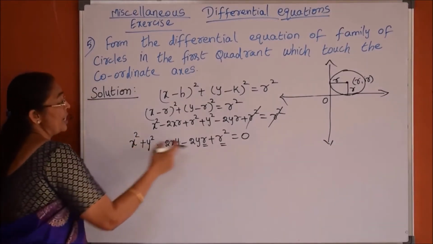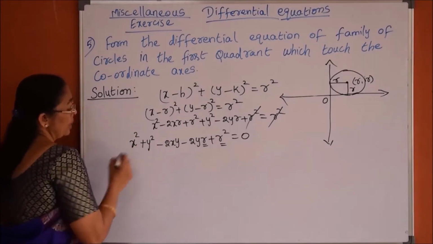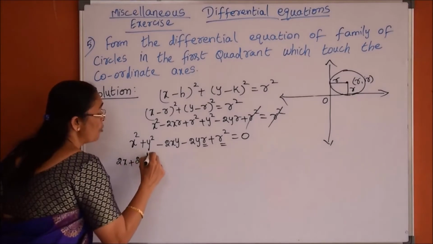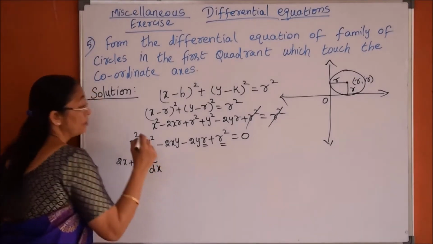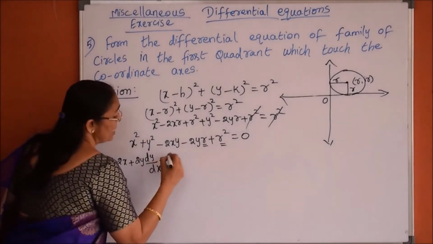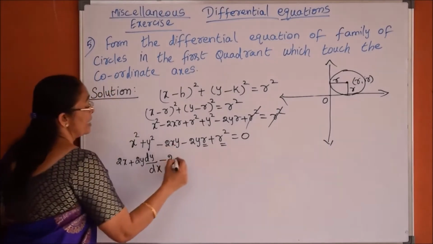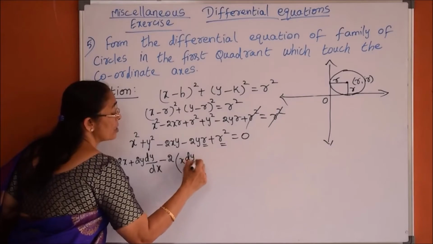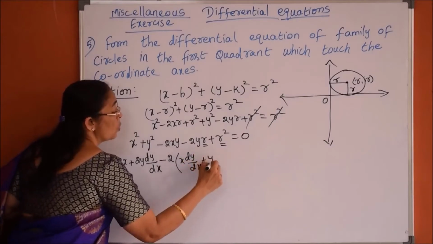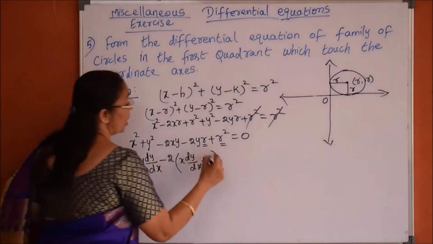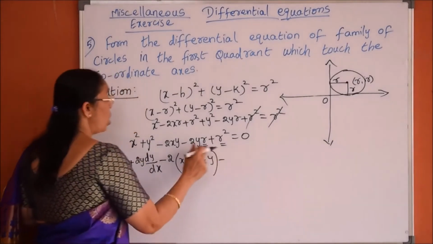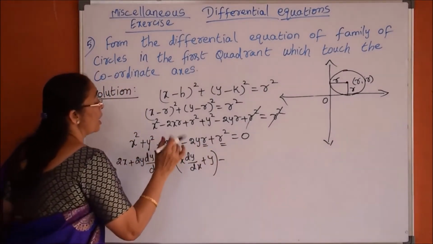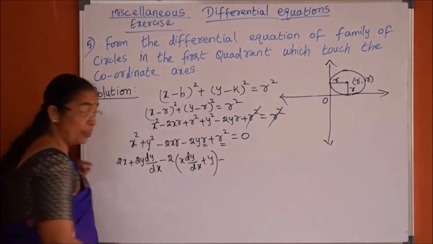Now differentiating both sides with respect to x, we get 2x plus 2y dy by dx, minus 2r times (x into dy by dx plus y into 1)... I think here also there is a mistake, it is 2xr, so the differentiation will change.